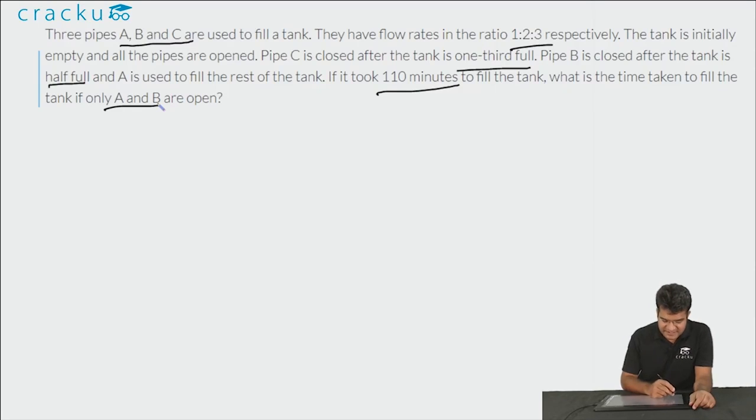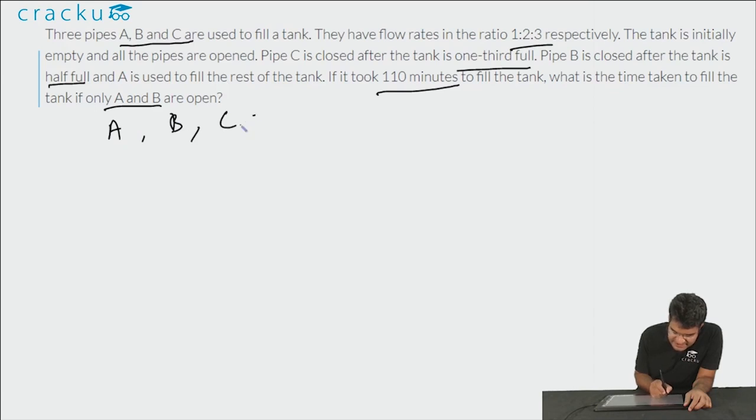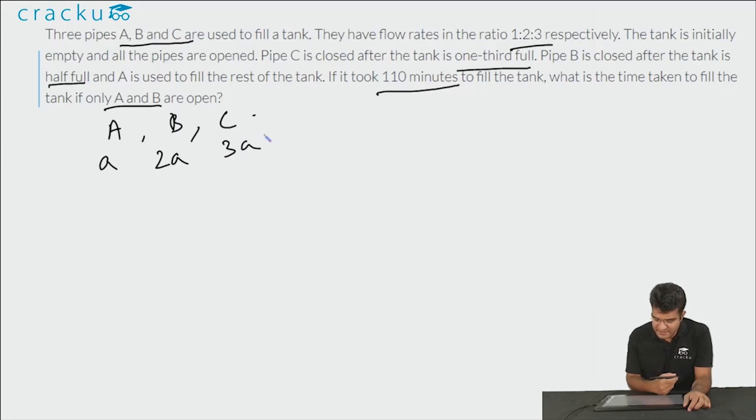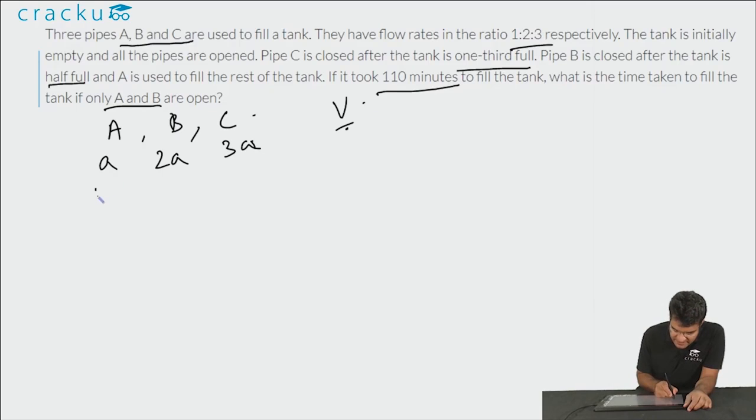To solve this, let us assume that the flow rates of A, B and C are A, 2A and 3A. This will just help us make the calculations easier. And let us assume that the total volume of the tank is V. Now for the first 1/3 of the tank, the total flow rate is, because all 3 of them are open, A plus 2A plus 3A.